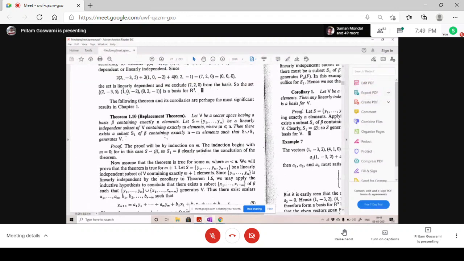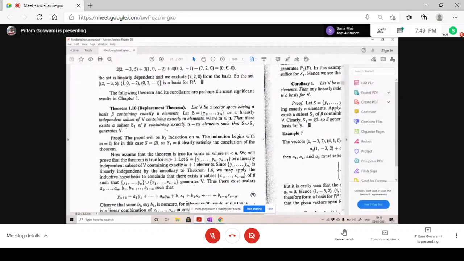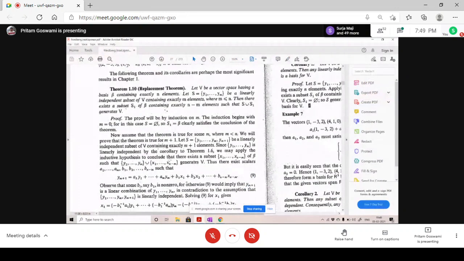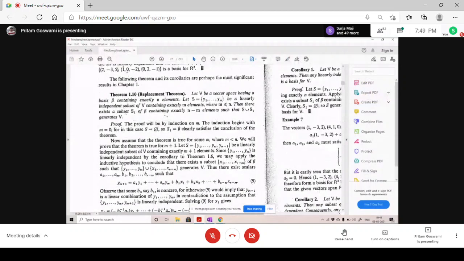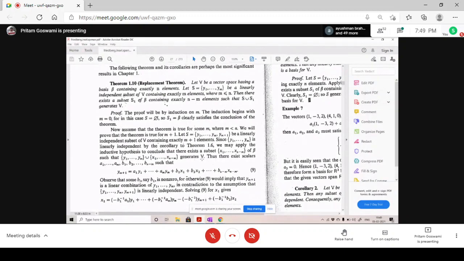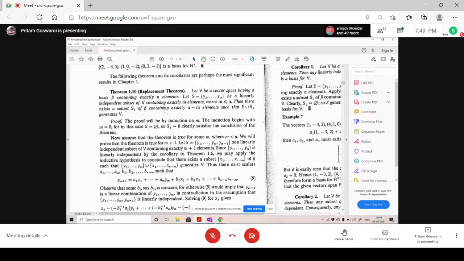I'm not proving this, but I will encourage you to read the proof first. The proof is basic induction. Read the proof first, and if you don't understand, then I will explain it in the next class. You can consult each other in your batches and understand the proof, because this is a basic thing in linear algebra.